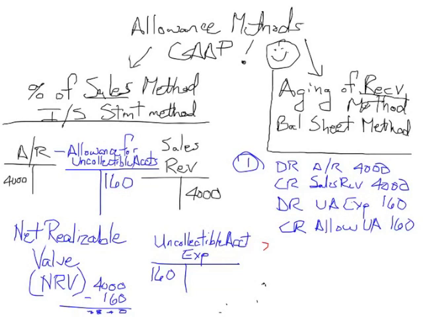Well, that brings us to step 2. At step 2, we have to write it off, but we've already written it to expense. So what do we do? Step 2, we take, let's say it's just $100, we take it out of accounts receivable and out of the allowance. That's it.